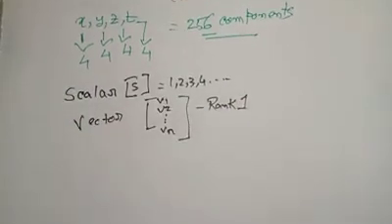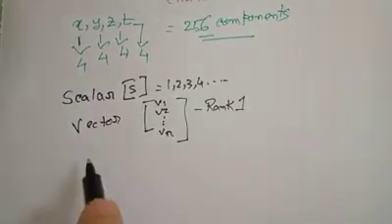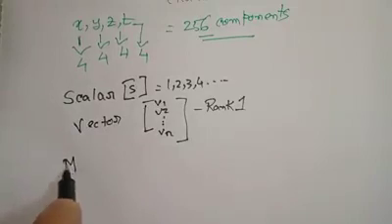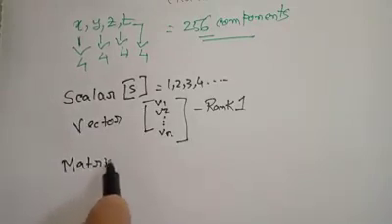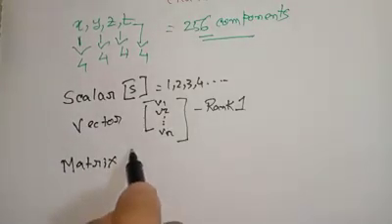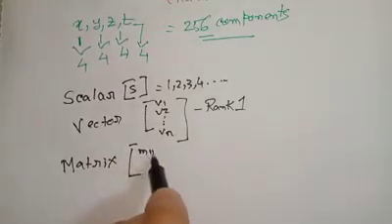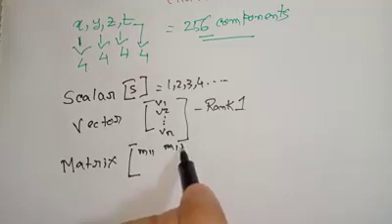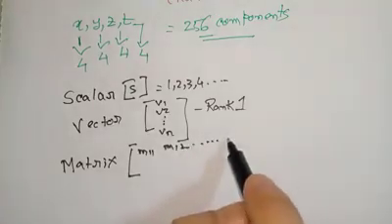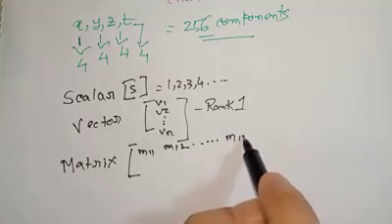Further, we can develop what a matrix is. Those who are aware of linear algebra would be dealing with matrices. So a matrix would be something like M11, then M12, and it goes on till M1n, right?